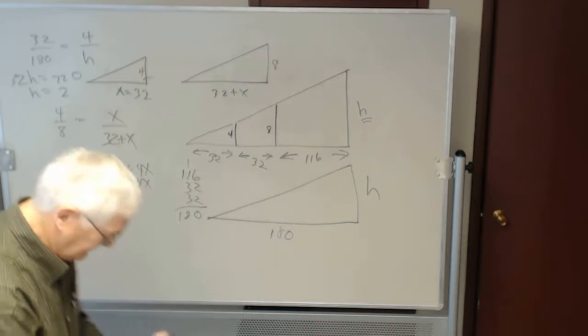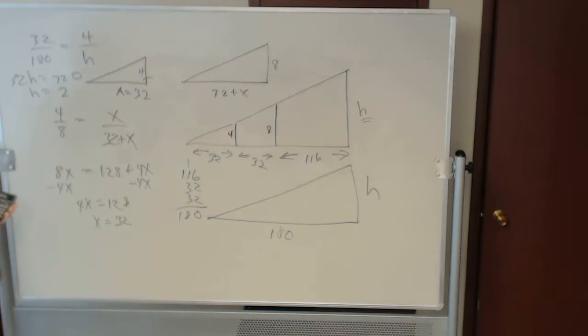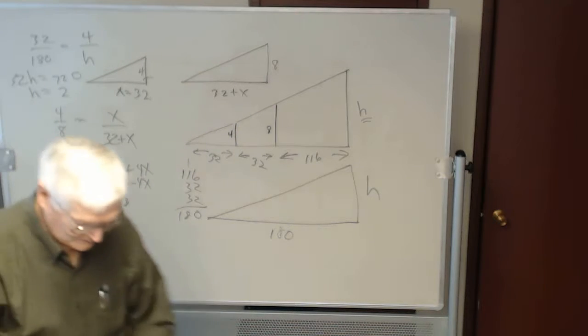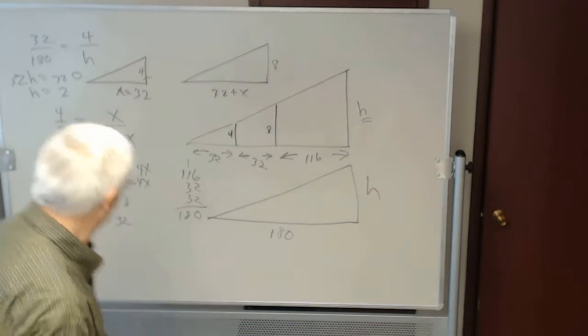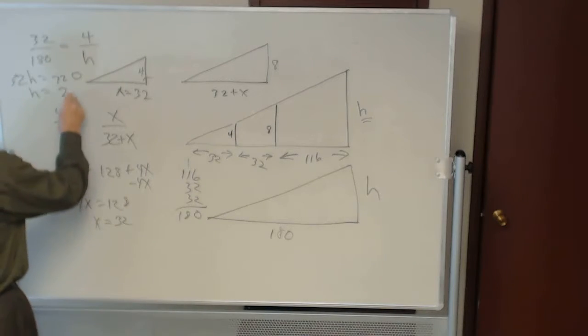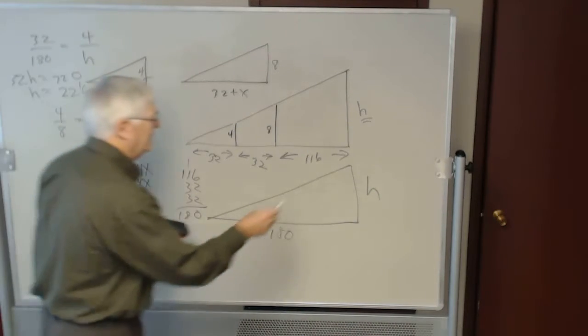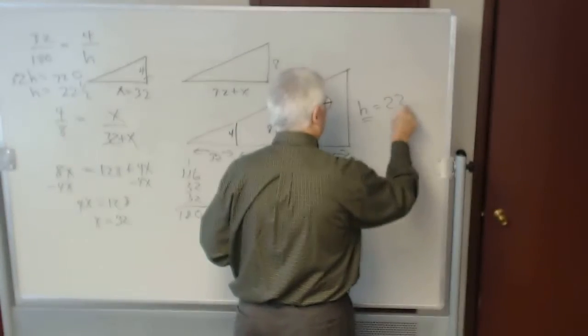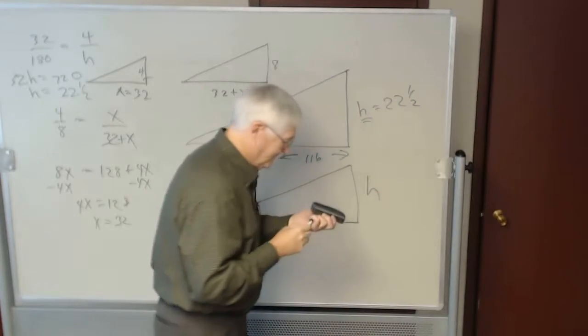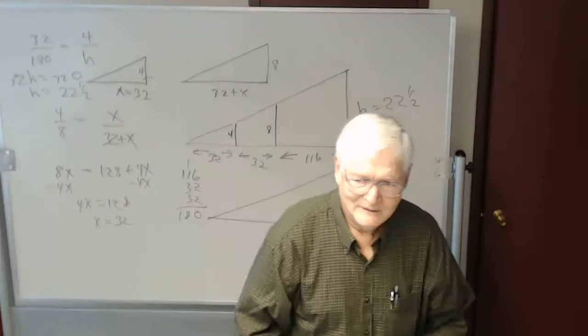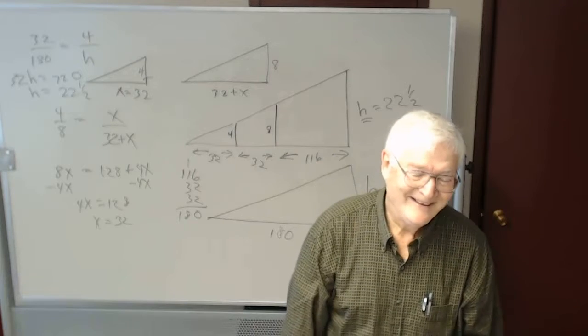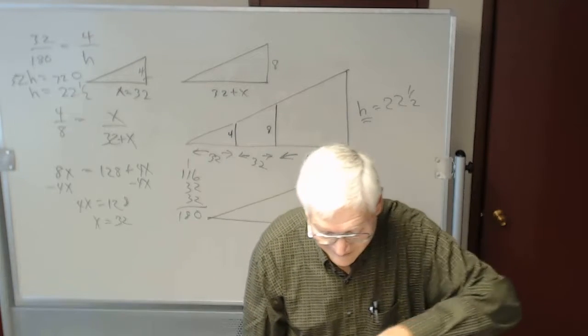Let's see what happens. 720 divided by 32 equals 22 and a half. No wonder I couldn't do it in my head. 22 and 1/2. So that's how tall it is. 22 and 1/2 feet. Is that fun stuff? You're not having as much fun as I am, but that's okay. We'll get there.